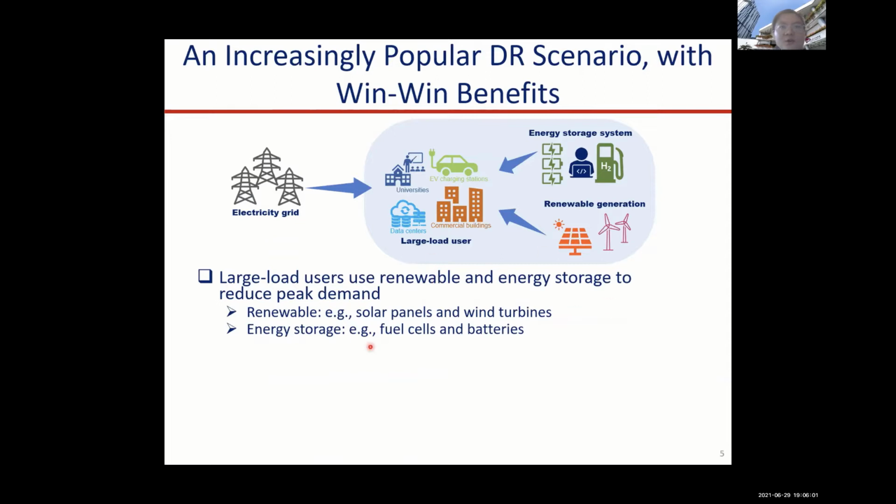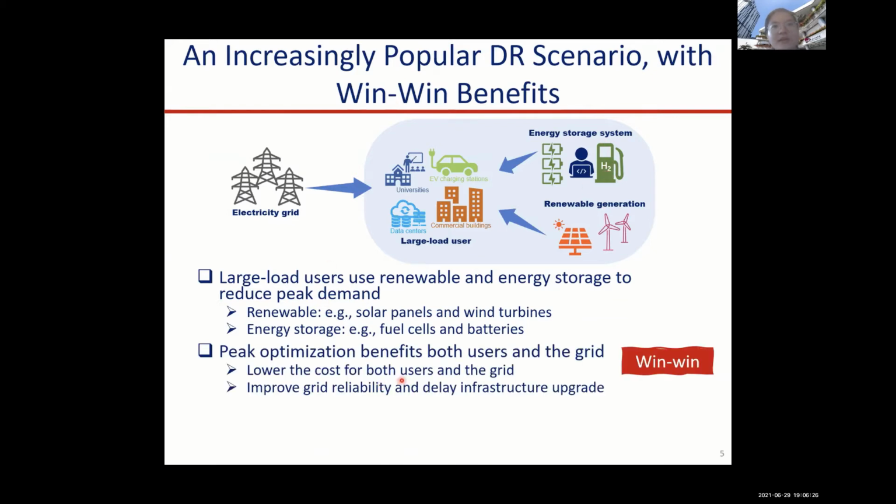As the increasingly popular demand response scenario under our consideration, we consider a large load user. The user uses renewable generation from solar panels or wind turbines, and an energy storage system based on fuel cells or batteries to reduce peak demand. Note that fuel cells usually do not allow recharging in operation.